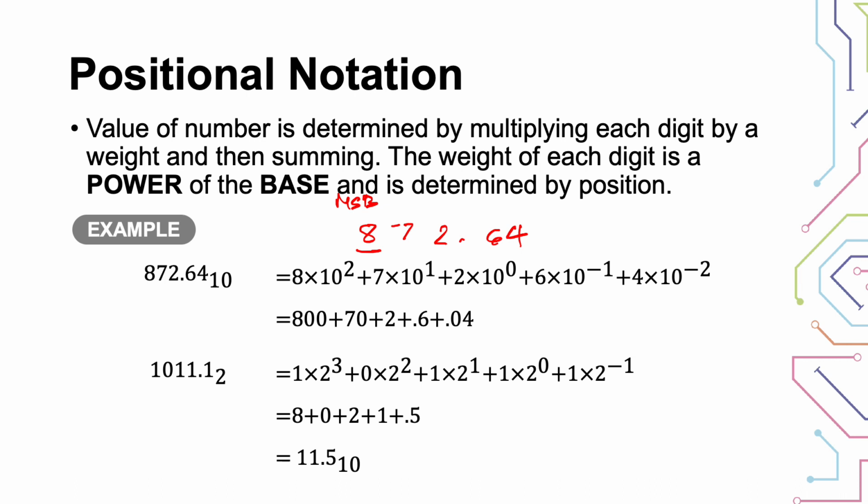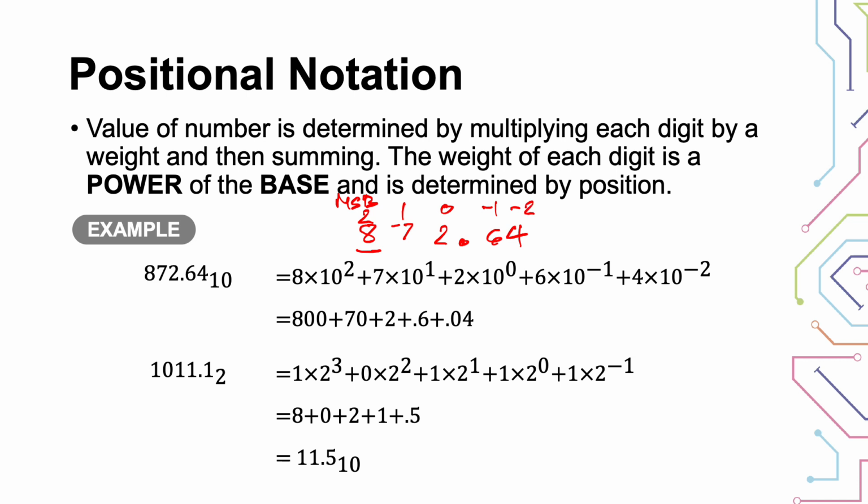Coming from the decimal point going to the left, since we are heading to the most significant bit, the exponent starts at 0, then 1, and this 8 has an exponent of 2, raised to the base. Then going to the right, we have 6, where the exponent starts at negative 1, then negative 2.